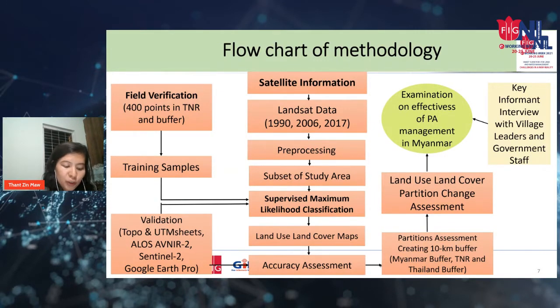In forest area estimation, supervised classification was applied to evaluate protected area management effectiveness. A 10 km buffer zone was created and landscape partition assessments were conducted. Besides, key informant interviews were integrated together with the ground truth work. Let me move to the next slide.